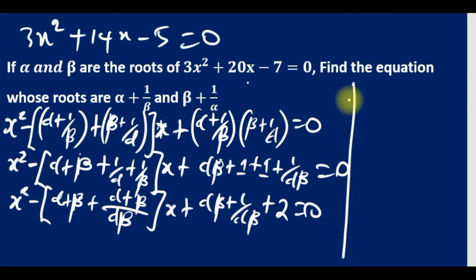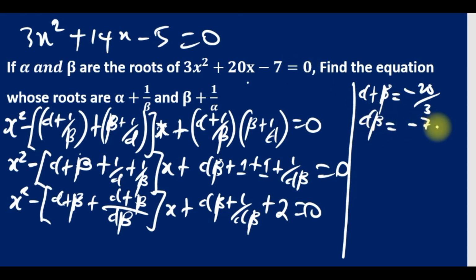So meaning that the sum of their roots, using our sum formula for roots, is minus 20 over 3, while their product is minus 7 over 3. So we need to substitute this here. So do you see the logic? They told us alpha and beta are the roots of that, so the sum is, using our formula minus b over a, minus 20 over 3.